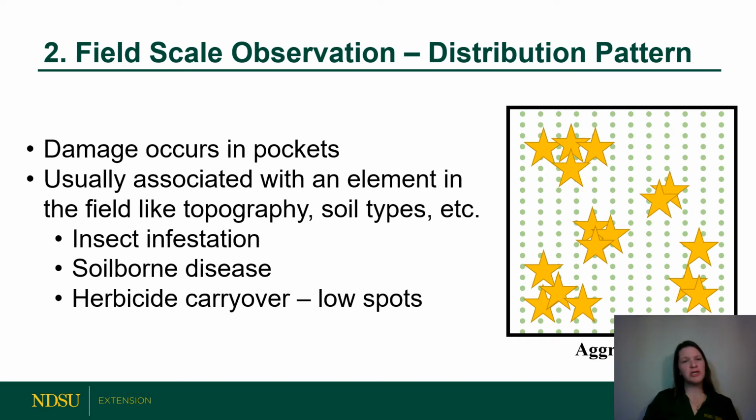This is usually associated with an element in the field, such as topography or soil types. Examples can be an insect infestation, a soil-borne disease, or potentially even a herbicide carryover occurring in low spots where residue is building up and staying put.